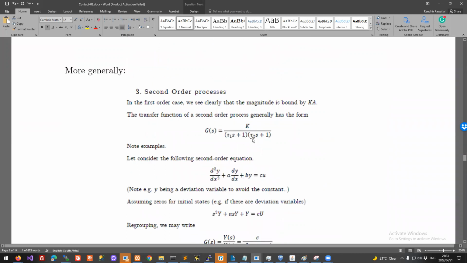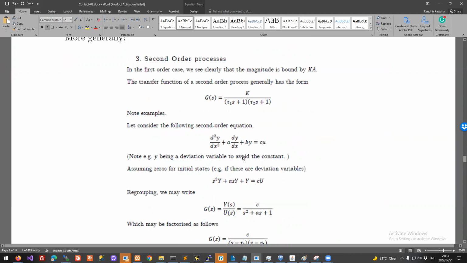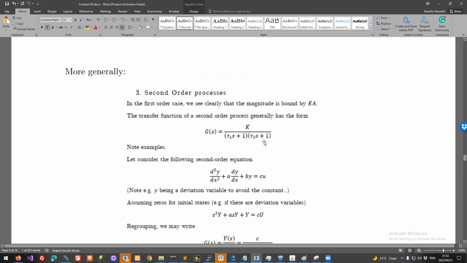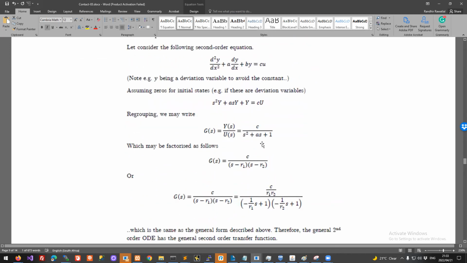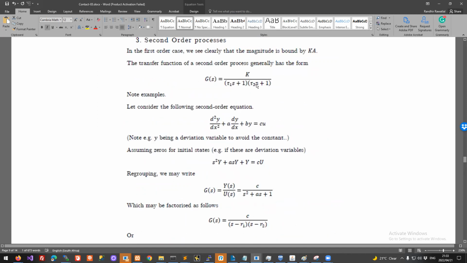We know that our second order process always looks like this, but instead of writing it like this, if you multiply this out, it is going to be a quadratic. You'll get tau 1 tau 2 s squared plus tau 2 s plus tau 1 s plus 1. So if we multiply it out, we'll get a slightly different arrangement of our taus.